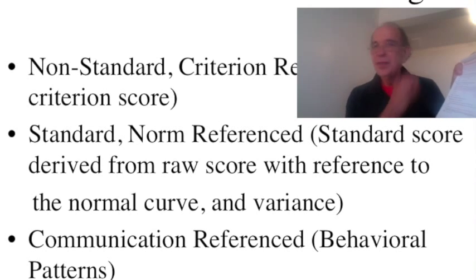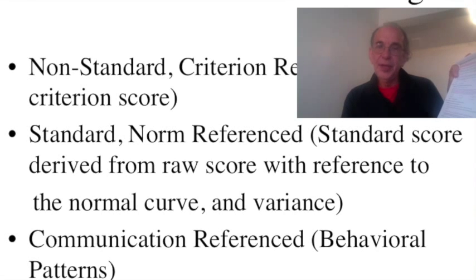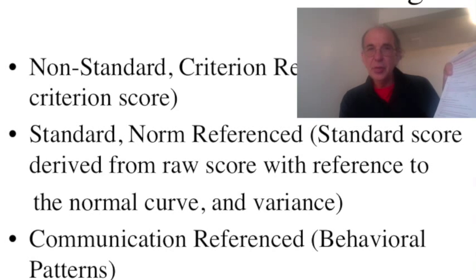And you derive a standard score. The derivation of a standard score is ultimately with reference to the normal curve. So I am going to spend a little time now talking about how a standard score is derived and really what it represents. That's where we're headed.